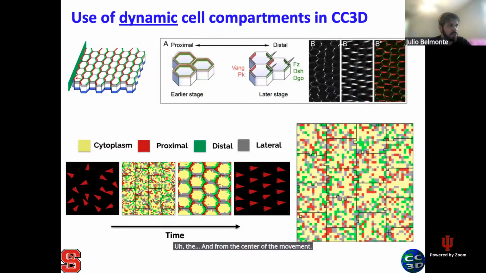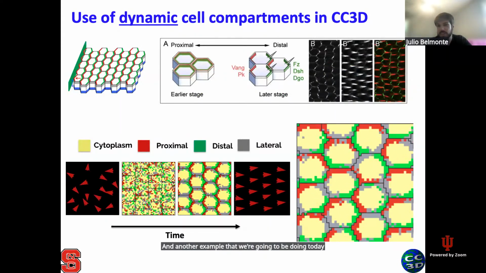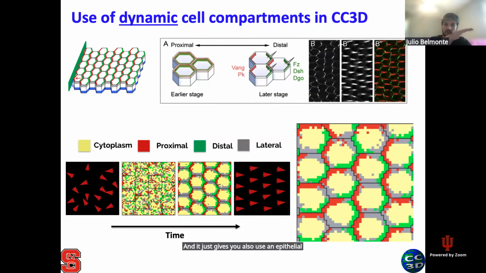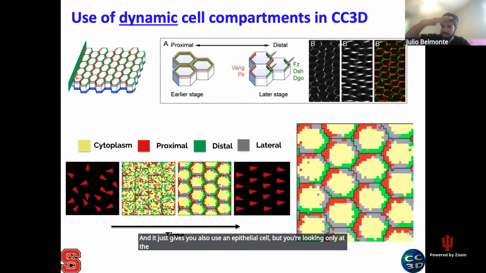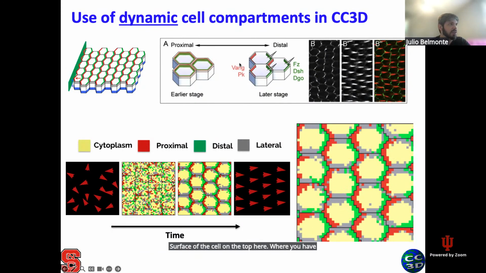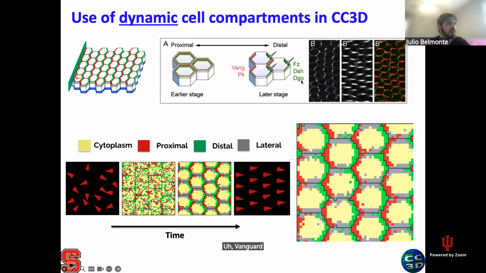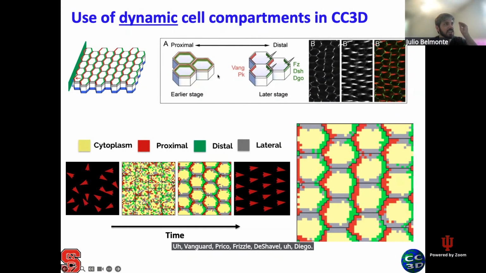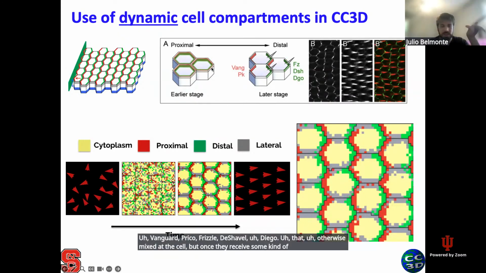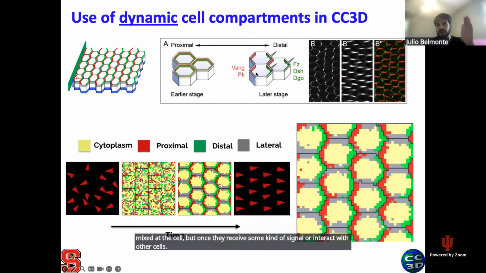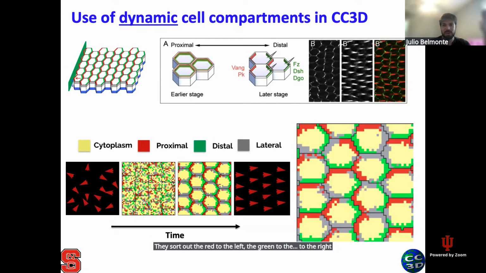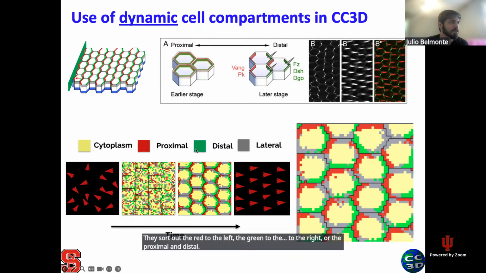And another example that you're going to be doing today is to model planar cell polarity. And in this case, you're also using an epithelial cell, but you're looking only at the apical surface of the cell on the top here, where you have these proteins, Van Gogh, Prickle, Frizzled, Dishevelled, Diego, that are otherwise mixed in the cell, but once they see some kind of signal or interact with other cells, they sort out: the red to the left, the green to the right, or the proximal and distal, if you use the correct terms.